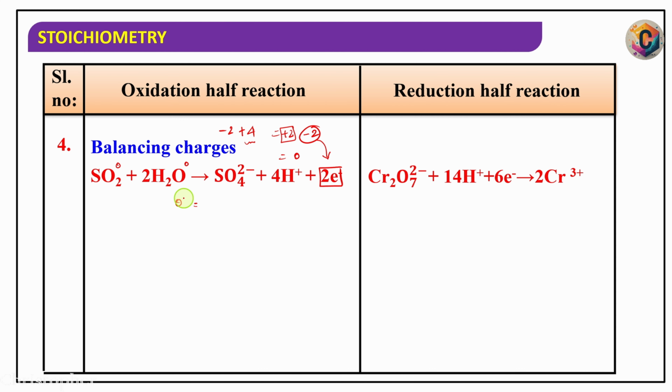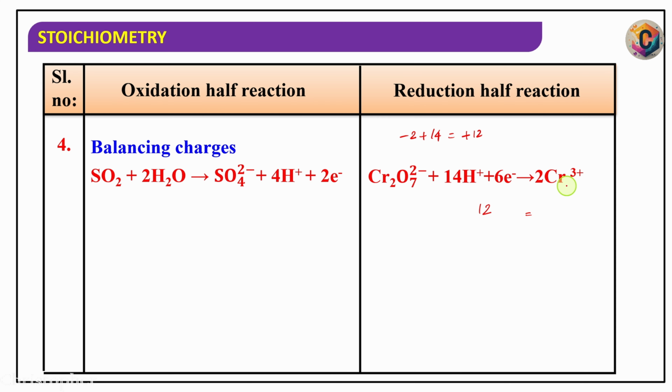So to have 0 I need to introduce minus 2. I hope you understood. So here you see you have minus 2 charge on the left hand side, and here we have 14 positive charges. So I will be having plus 12. Got it? So on the left hand side I have plus 12.